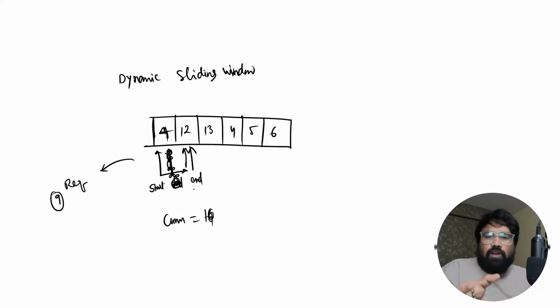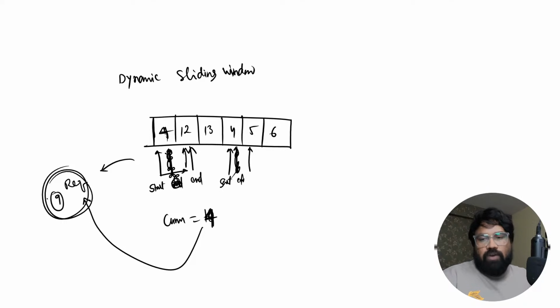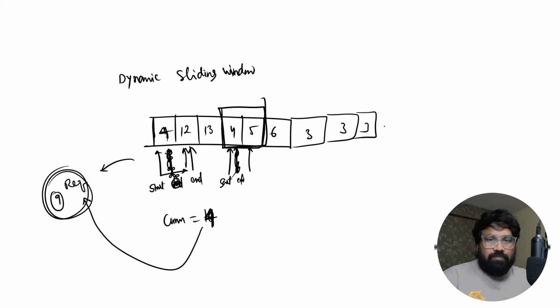So the combination will go on, and for example, when both the pointers are at the 4, start and end, the end will be moved to the next place. Why? Because 4 is less than 9. And when 5 plus 4 is 9, which exactly matches the required sum, this is the maximum of 2 elements stored. And for example, in the continuity, we have 3, 3, 3 in the future.